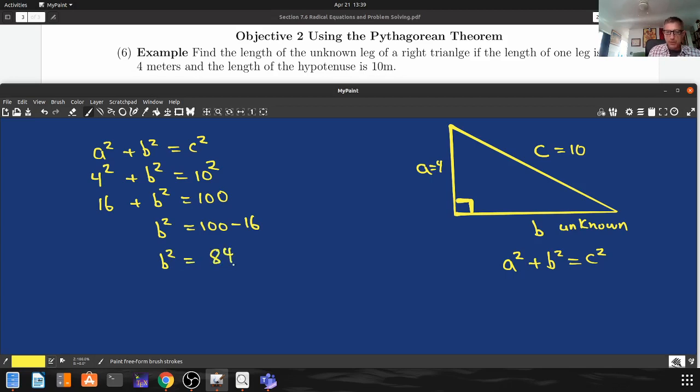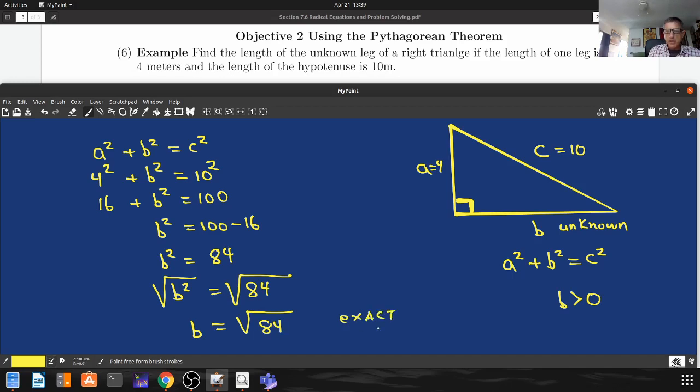So 84 is a positive number, and since this is a length, B has to be greater than 0 for it to make any sense. So I'm going to basically take the positive square root of both sides. So that's going to give me B. The positive value of B is equal to the square root of 84, and this is the exact answer.